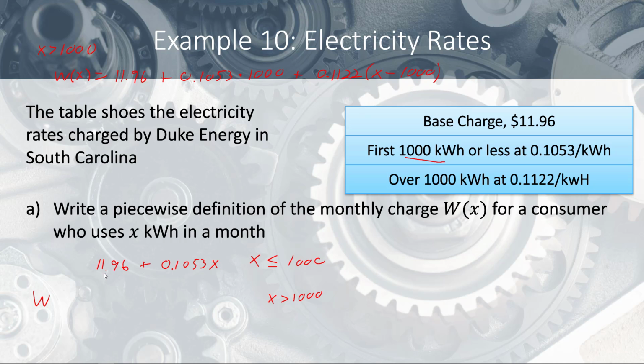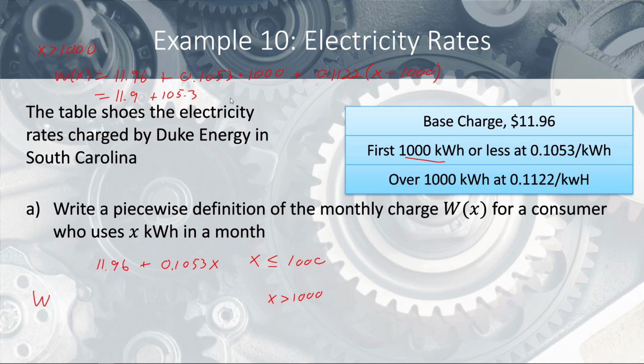We actually have to write it as a number plus a slope times X. So we need to simplify this. And of course, the first thing we can do is keep the 11.96. We can multiply the 0.1053 times 1,000, and that will be 105.3.